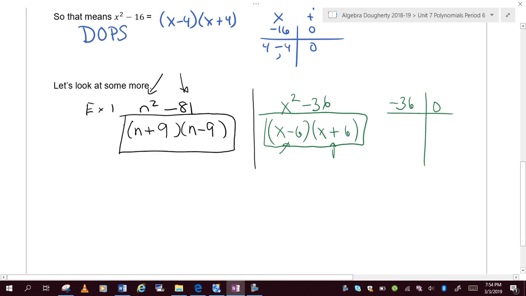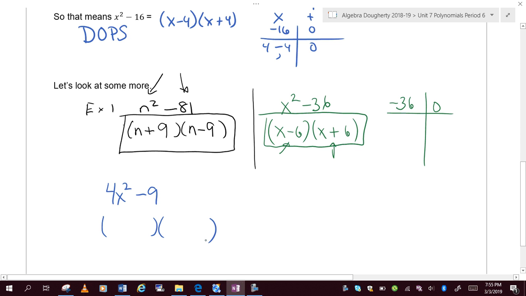Let's try one that's a little tougher. Let's try 4x squared minus 9. Now, you might not see 4x squared as a perfect square right away. 4 is a perfect square, and x squared is a perfect square. So what are we going to put in the first spot?